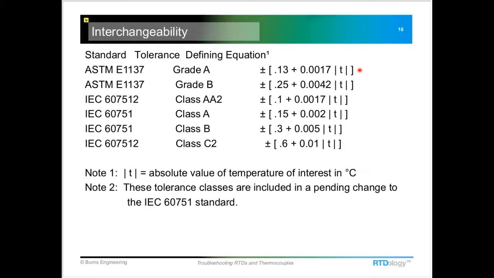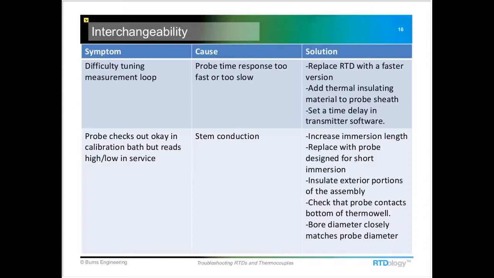Well, it's roughly 85 to 90% of the accuracy, because this does not include long-term stability, self-heating, hysteresis, and other little factors that come into play. But it's a pretty close approximation of what you can expect for accuracy.